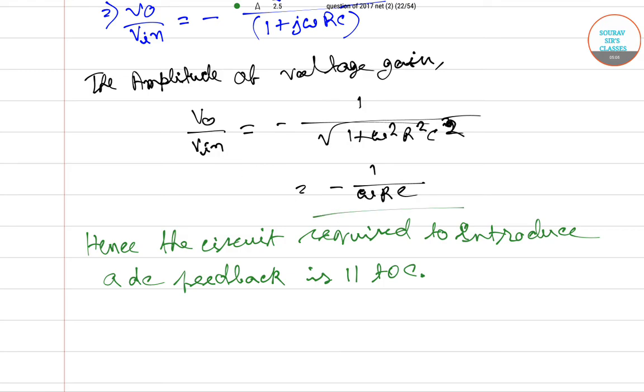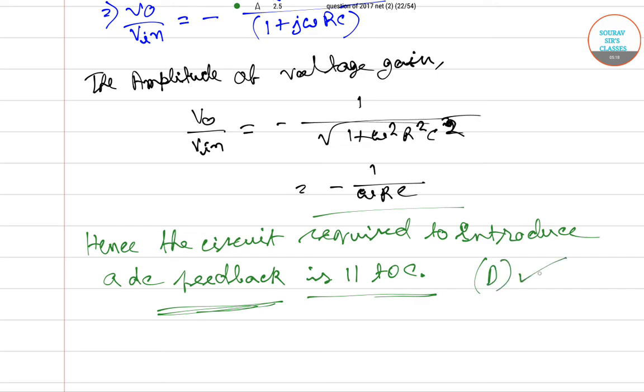So the circuit required to introduce a DC feedback is parallel to C. So here answer option D is correct.